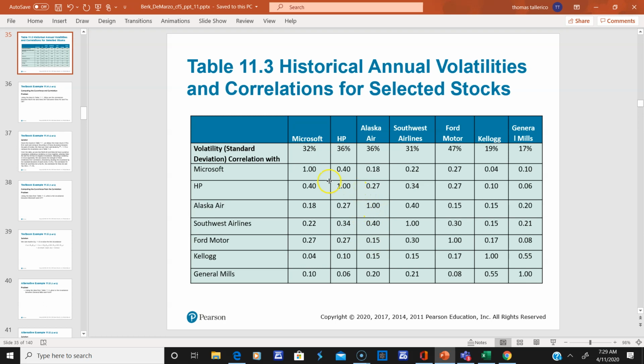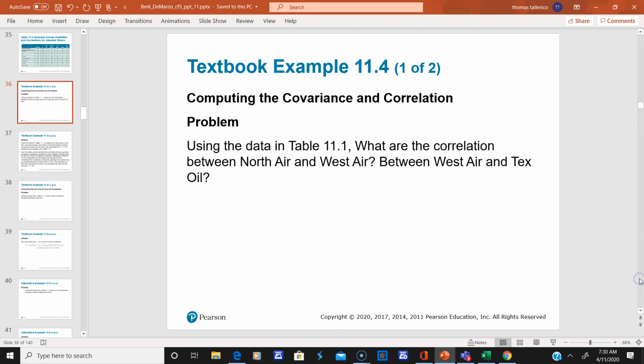If you took the volatility here and calculated the correlation, especially after you get the covariance, you would use the covariance and the standard deviation, and you would get these correlations. But anyway, it's a historical data table. Don't worry too much about it. Don't stay up late trying to calculate it all. It's probably in someone's database somewhere.